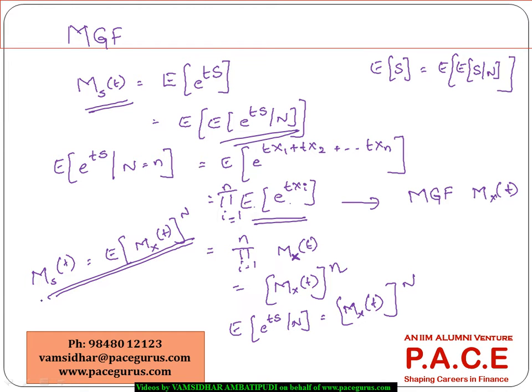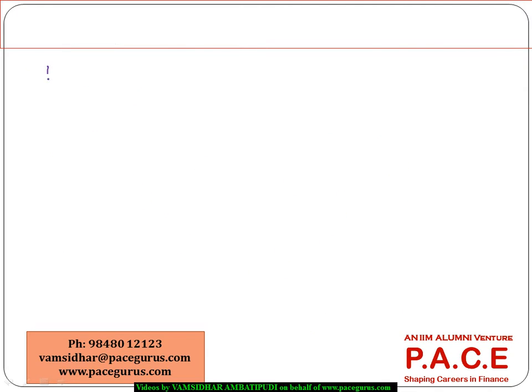So my MS(t), just a little bit of workout here. We have just now derived that it is the expected value of MX(t) to the power n.